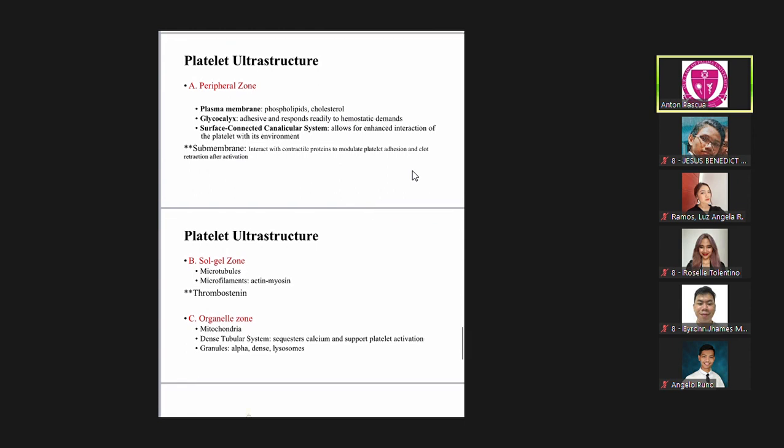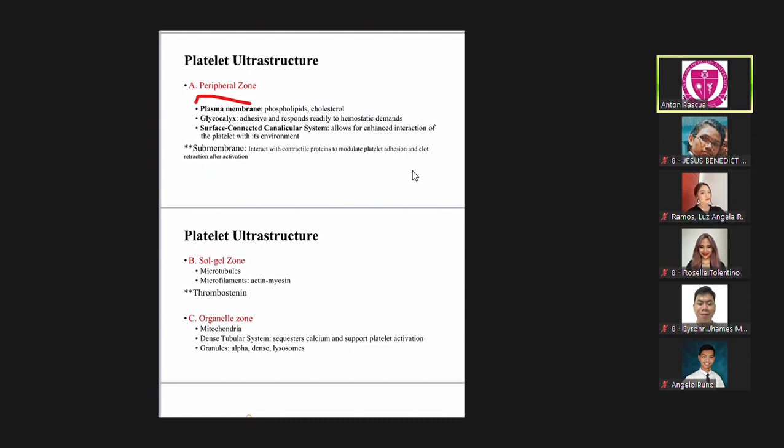Okay? And then lastly for today, if you will further examine your platelets, again, it will give you various or different layers. So the first thing that we have here is what we call as the peripheral zone. The peripheral zone, which is considered as the transmitter or the stimulus area of your platelets.